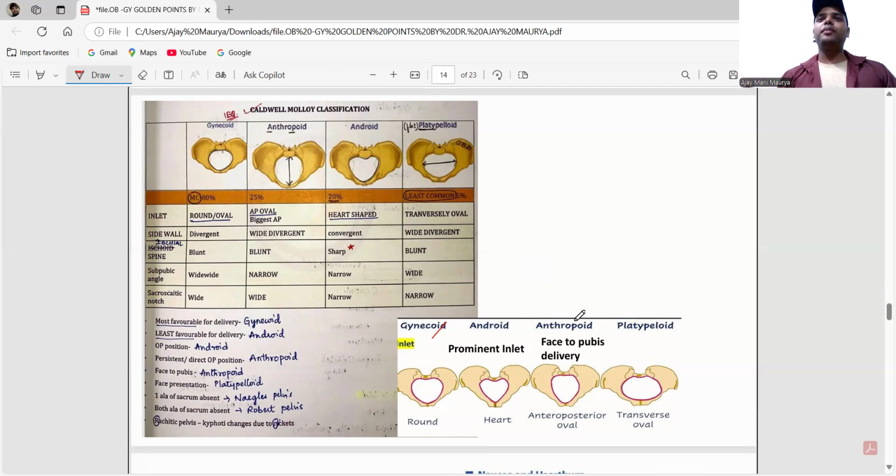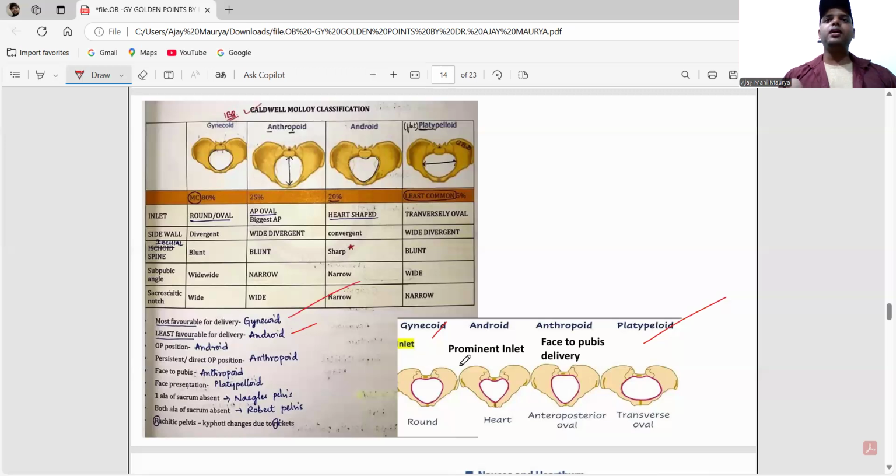Anthropoid, guys, is face-to-pubis delivery. Platypelloid is the least common. Remember that here, guys. Most favorable is the gynecoid. Least favorable for delivery is the android.